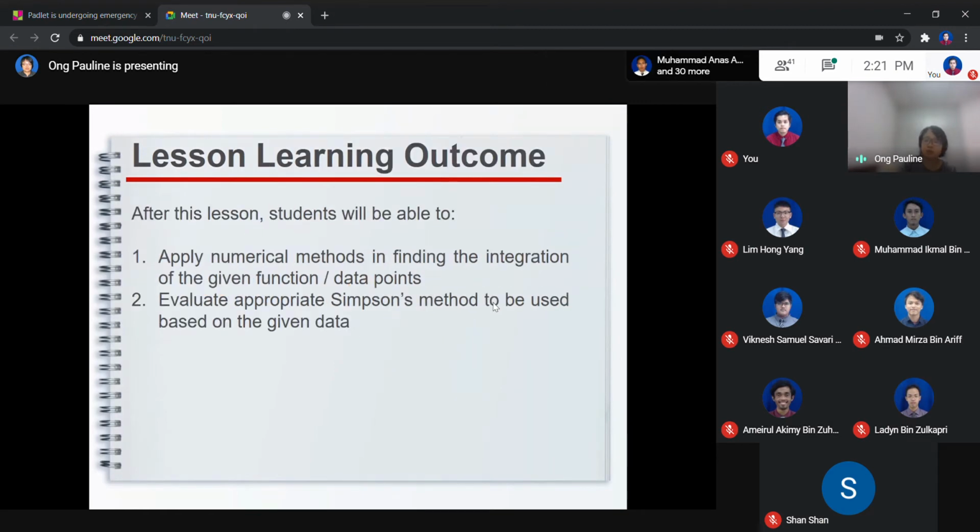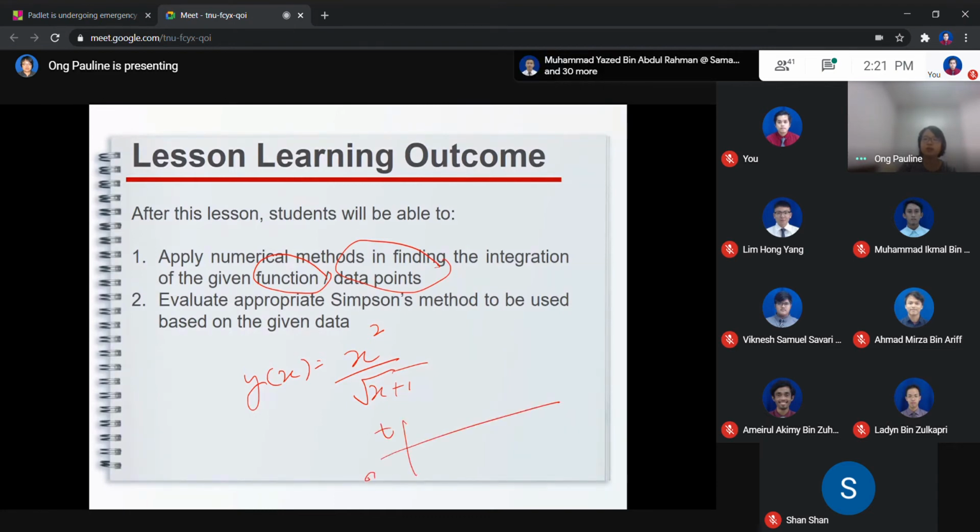For the topic learning outcome, no matter whether you have a function, let's say you have been given y(x) equals x squared over square root of x plus 1, or you have been given a set of data points in table form, let's say you have the a(t) here.